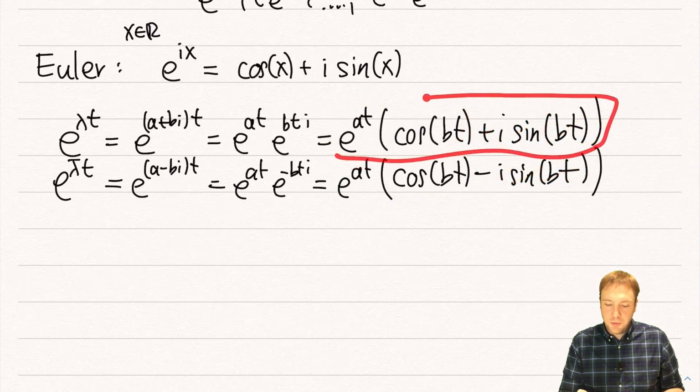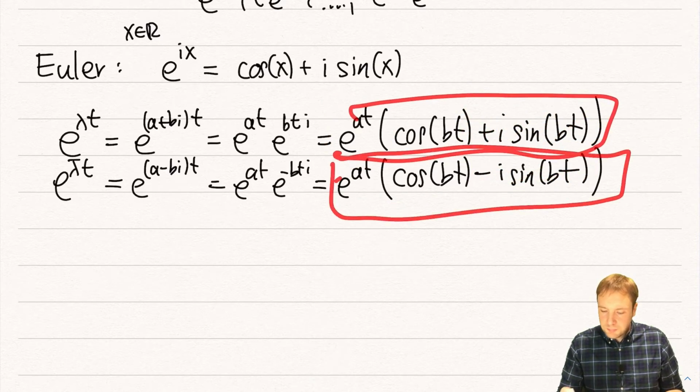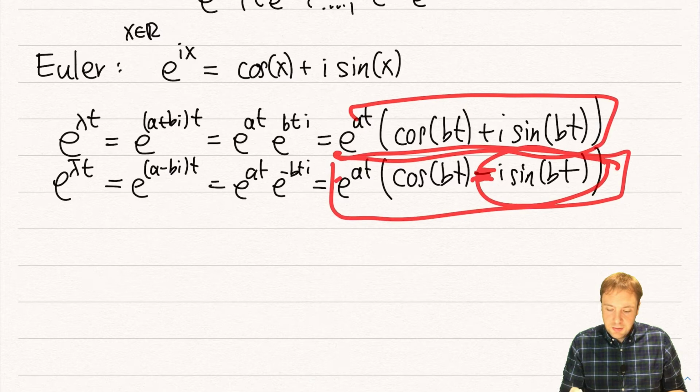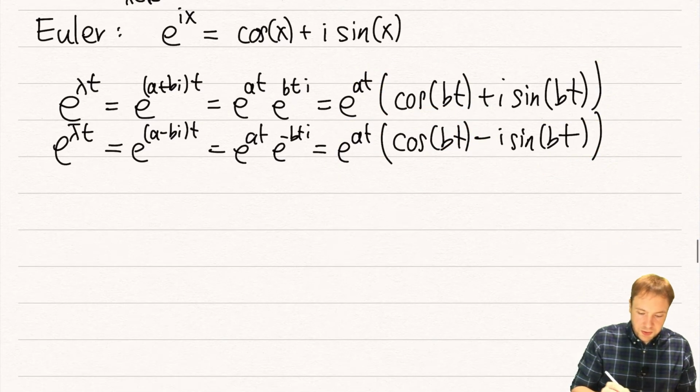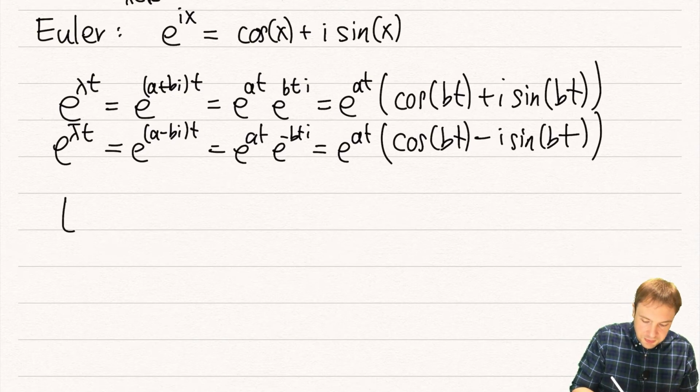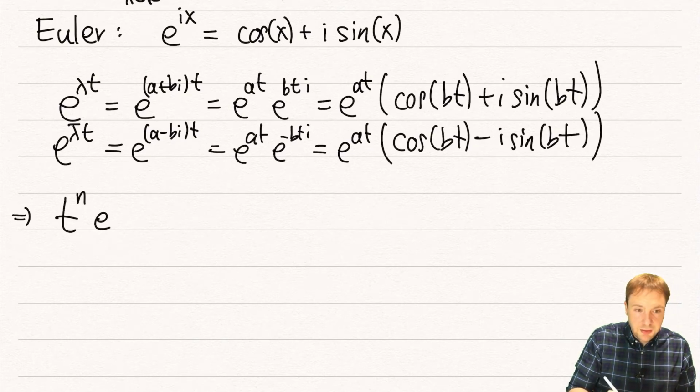And if I take this one and I subtract this one, then we see that I have 2 times this part here, and this part cancels out. So what we can do is we see that t to the n, so we get cosine of bt.